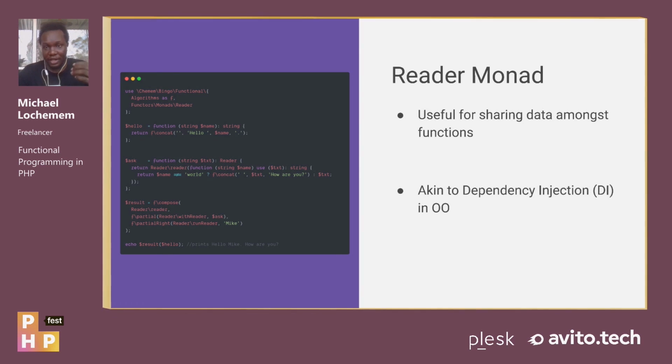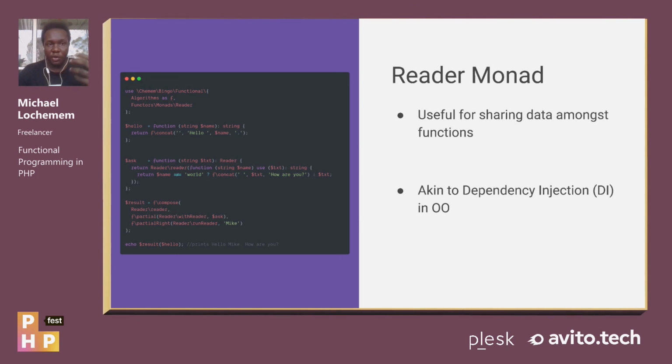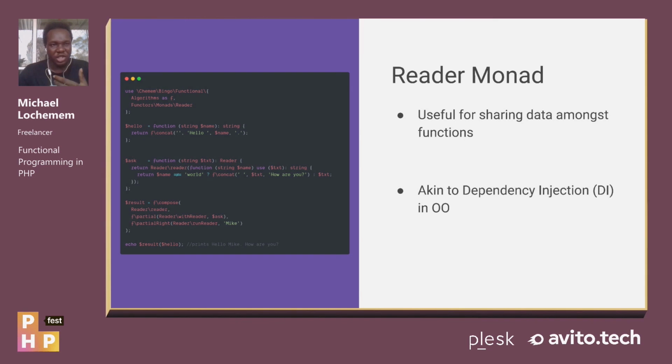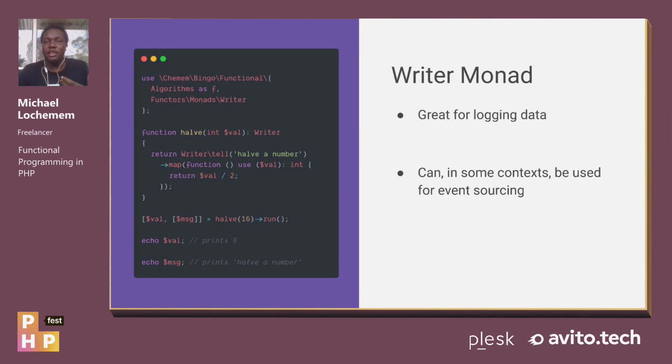Reader monad, which is nice for global configuration. So if you want to play around with global configuration, you can use the reader monad. It's akin to the state monad in some ways, but more akin to dependency injection, which is something you do in object-oriented programming a lot. And then you have the writer monad, which is great for logging data.